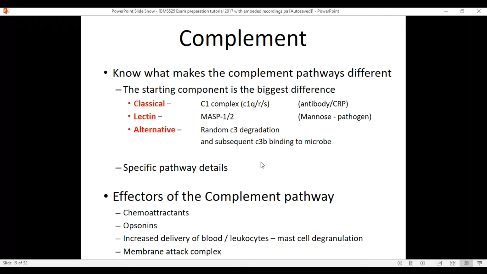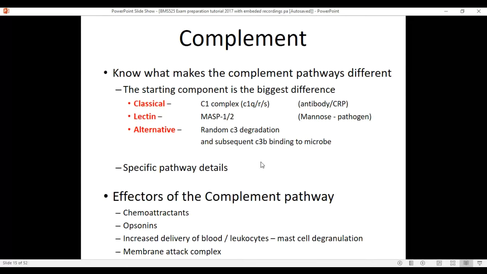The steps in its pathway are critically different. Okay, and the finer details of that will be provided in the video, or if you want, at the end, I can give an overview of that pathway. Okay, so you need to know the difference between the pathways, and you also need to know the specific pathway details. Okay, so that's the first part of that essay.